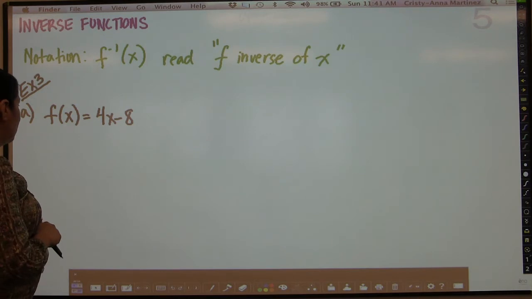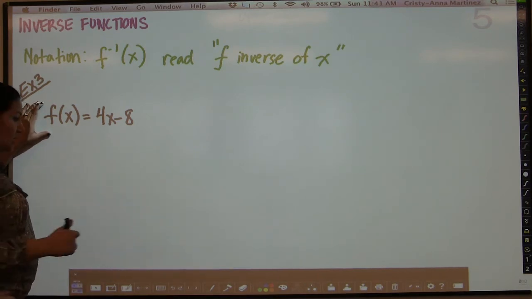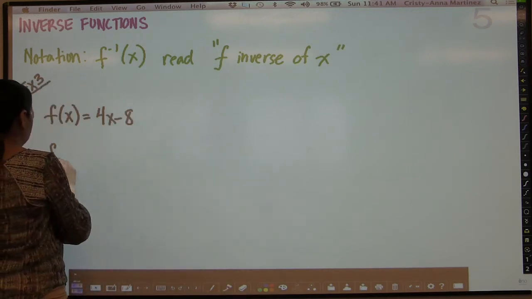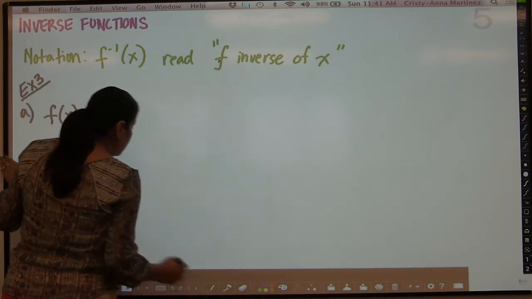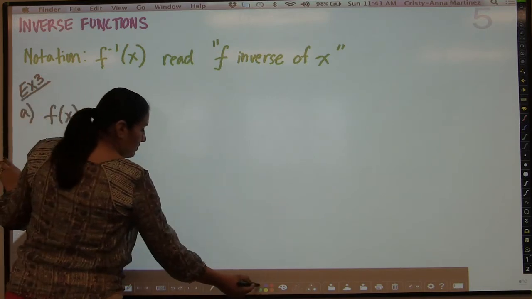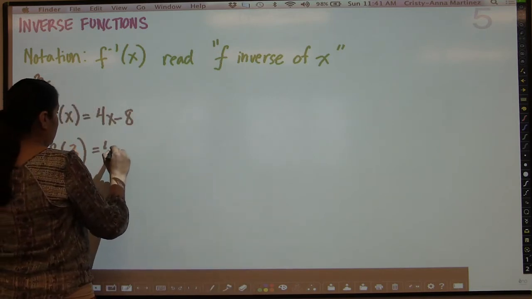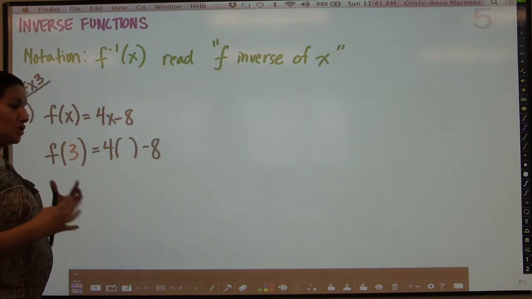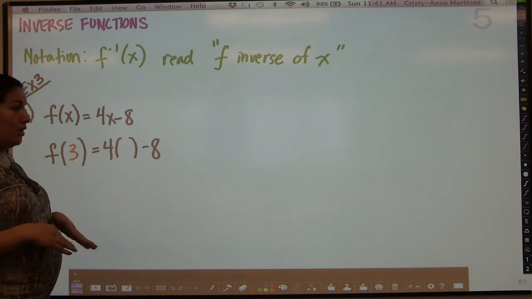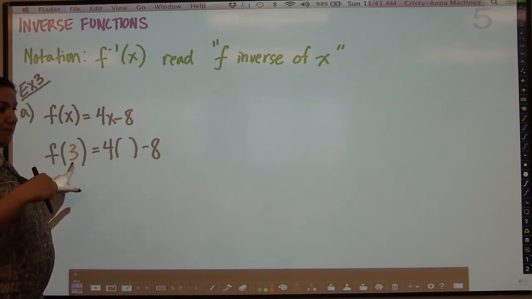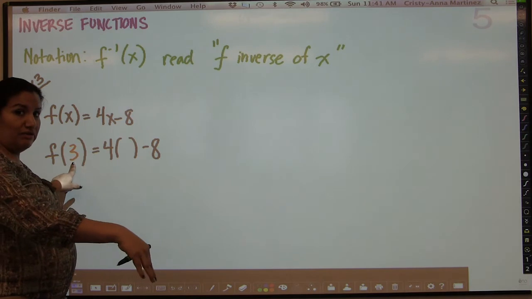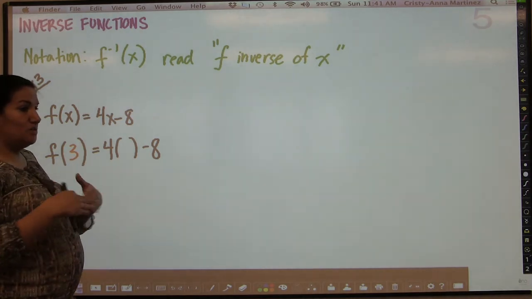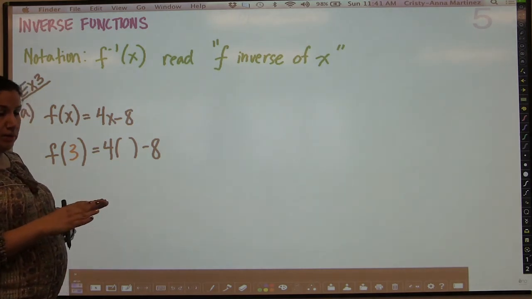All right? So for example, when you talk about this function, we can talk about f of any number we want. I'm just going to go ahead and pick 3 just because it doesn't really have any reason, but 4 times 3 minus 8. This is a function, and a function is like a machine. It tells you to do something to the number. So when I say f of 3, that means that I'm going to put a 3 into my function, and my function is going to do something to it, and when my function spits out the number, it's not going to be a 3 anymore.